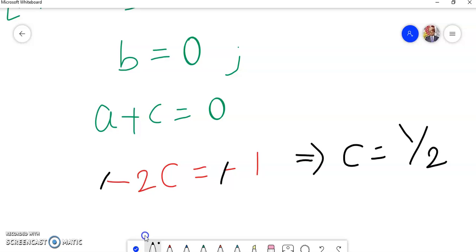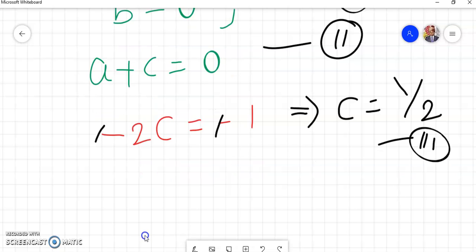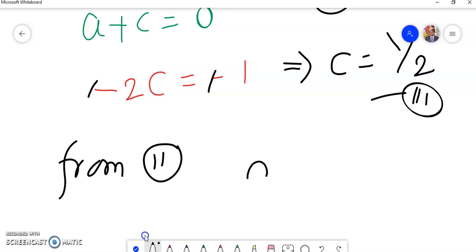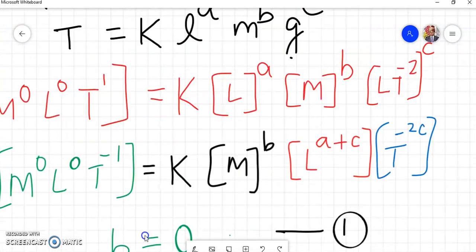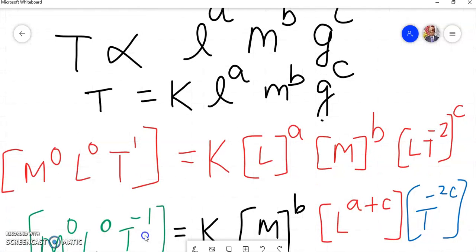Suppose this is equation 1, equation 2, and equation 3. So from 2 what you get? From 2 you get that A is equal to minus 1 by 2. So now what do we do? We will substitute all these things in our equation, and T is equal to this much.